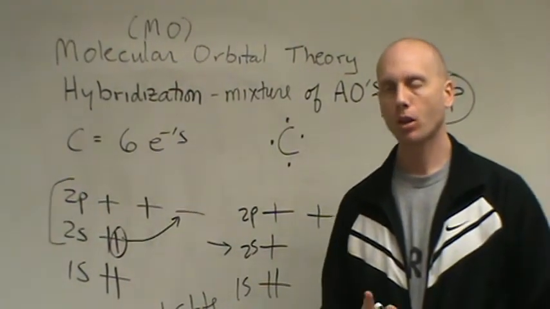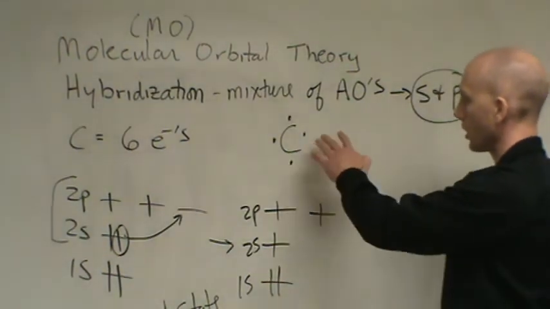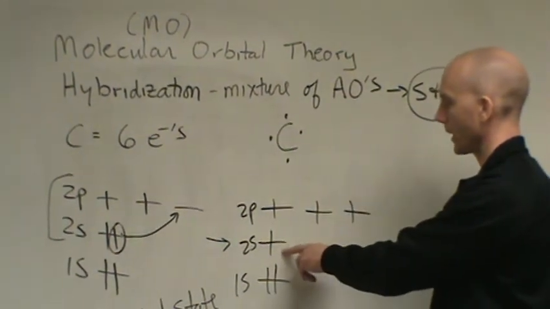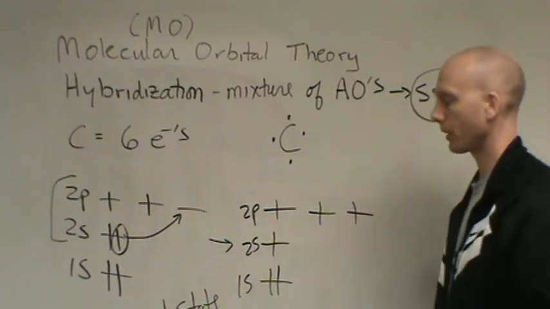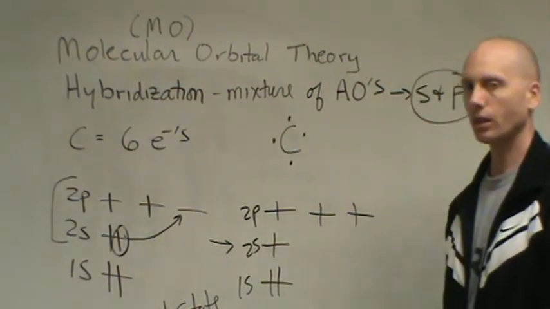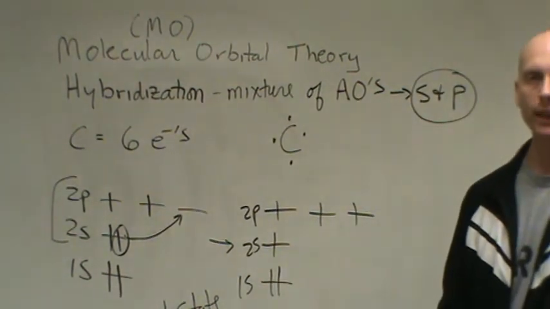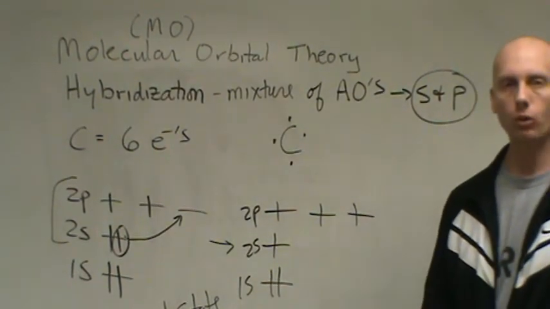But Linus Pauling then saw another problem, maybe you see it: these 3 electrons are of the same energy, but this electron is of a different energy. It's a 2s. So I need to somehow make them all equal.